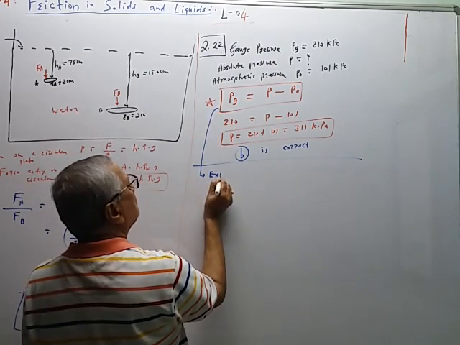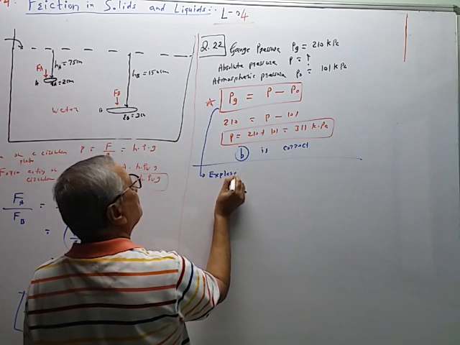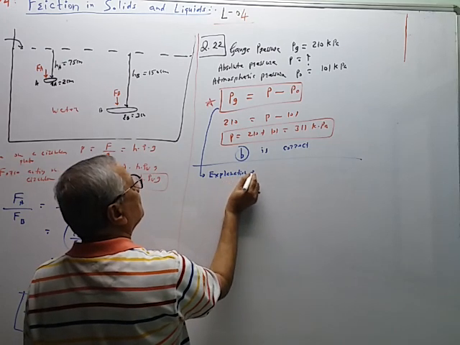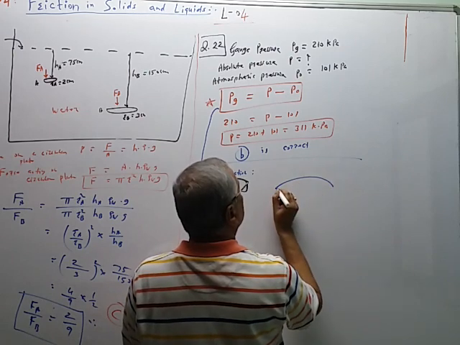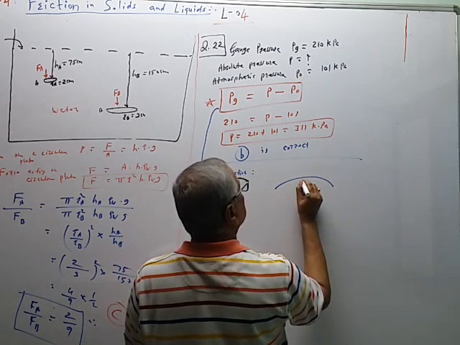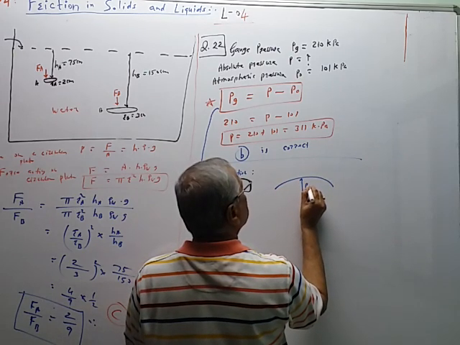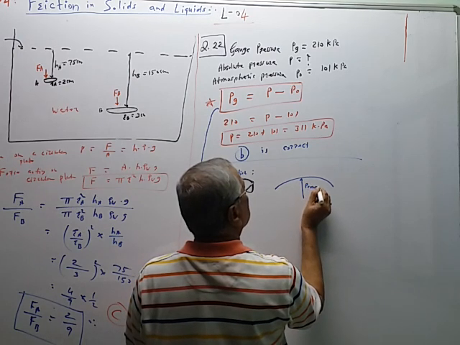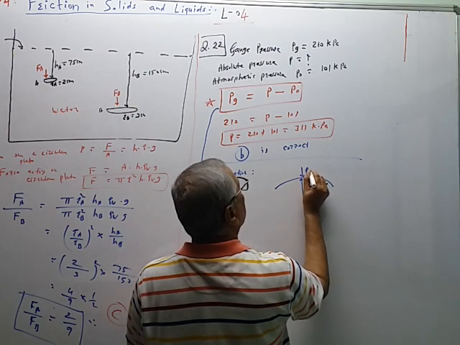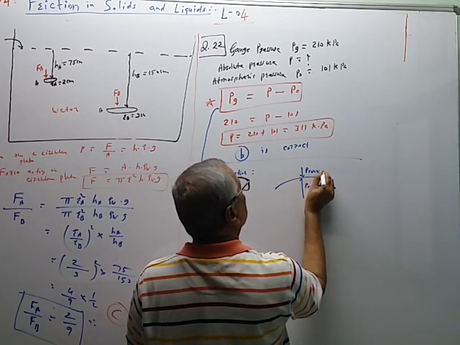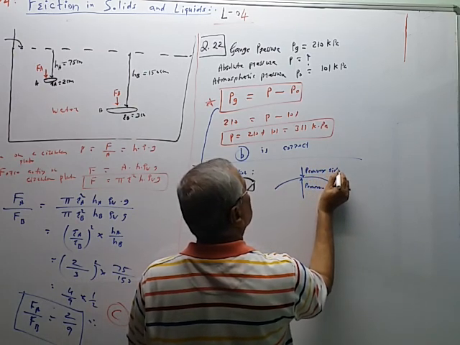Explanation. So we know this relation. Pressure on concave side is always greater than pressure on convex side.